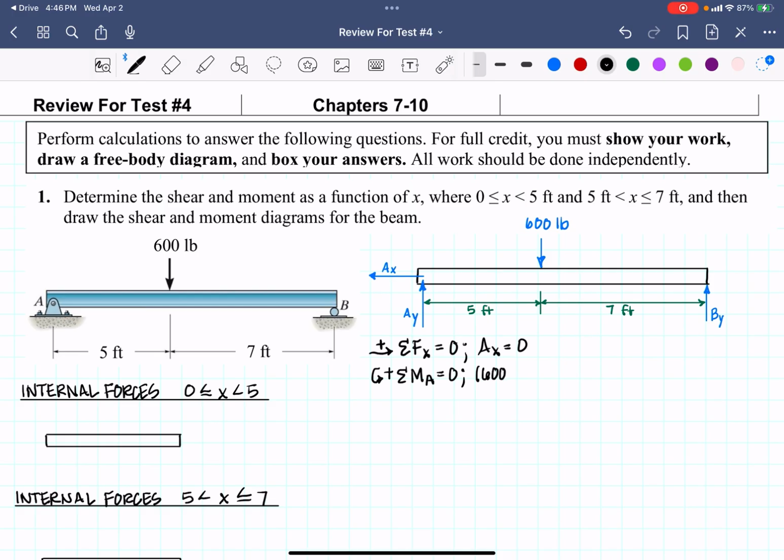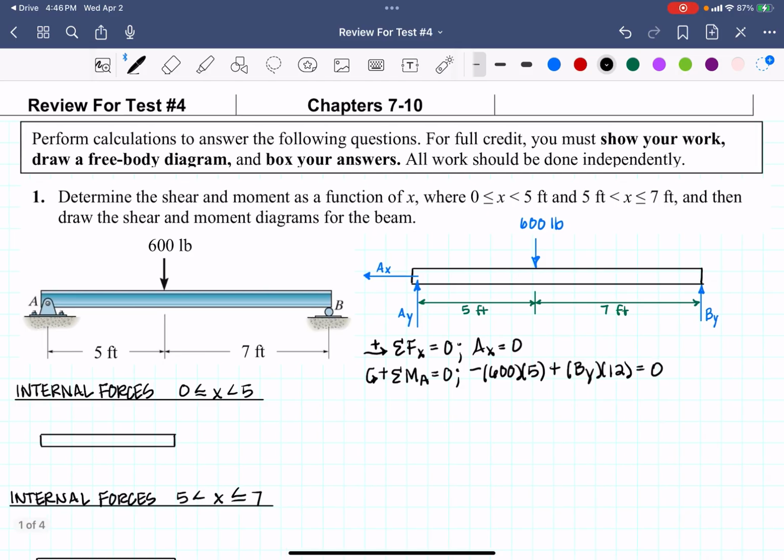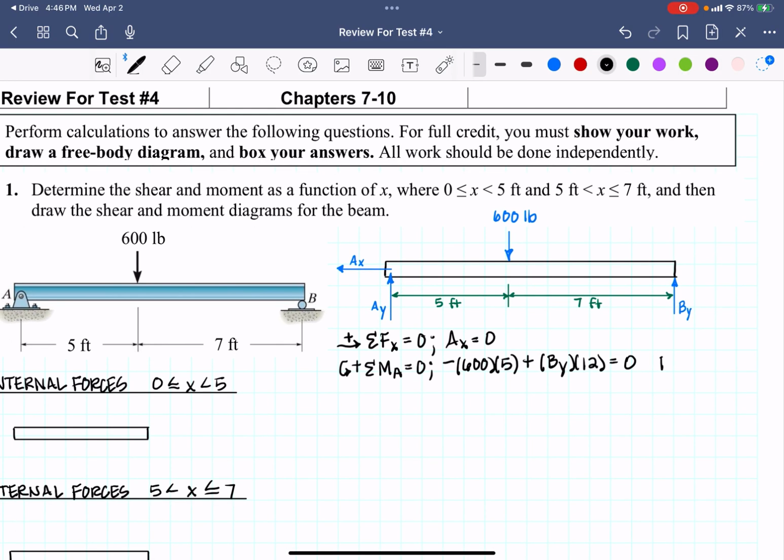Oops, my bad. It is negative, and I forgot to put a sign on it. It is negative 600 times 5 feet. And then B of y is going to be positive times 12 feet, which gives us that B of y equals 250 pounds upwards.